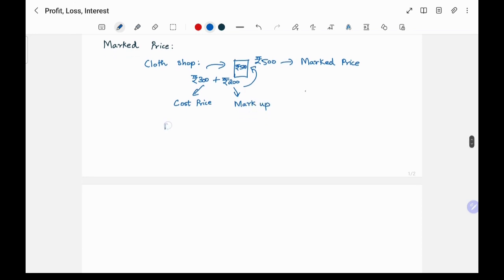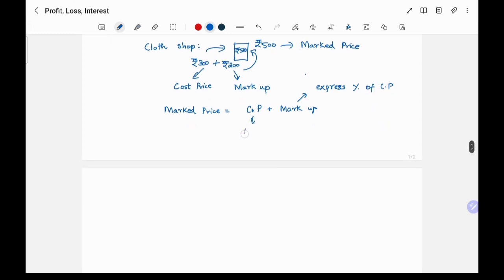So marked price is equal to cost price, which is CP, plus markup. This markup, they can also express as a percentage of CP.